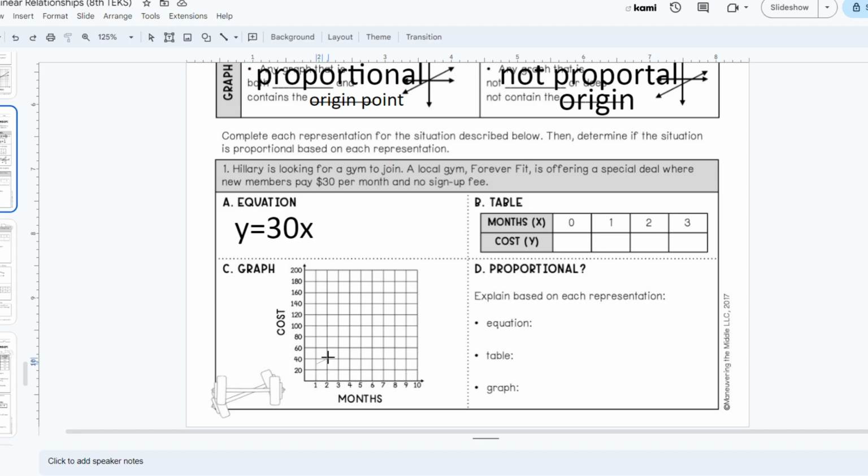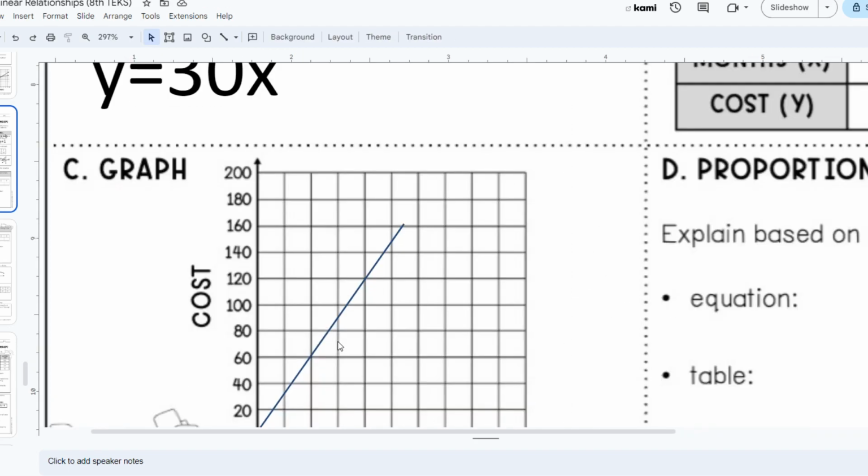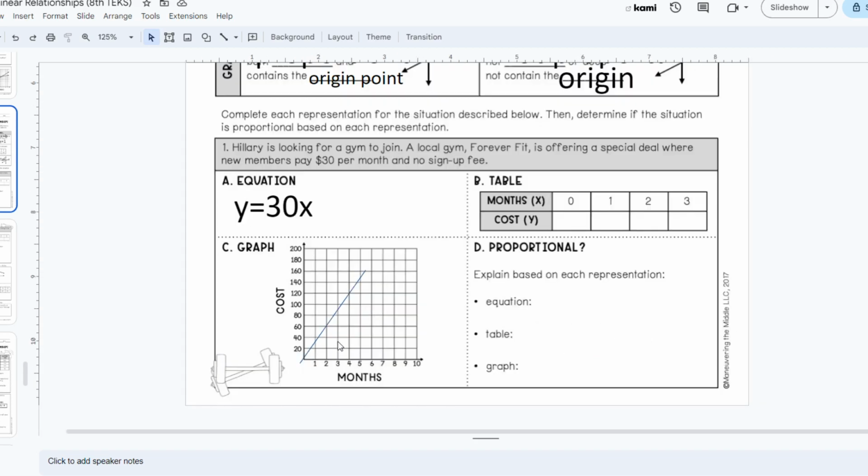So $30, 60, 90. So it kind of looks like this. So there's your graph. There's your zoomed in version of your graph.